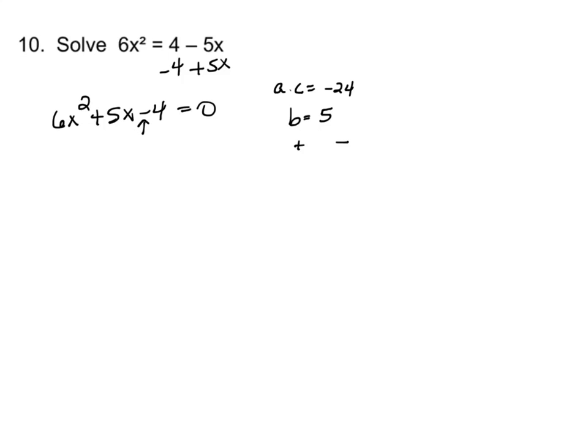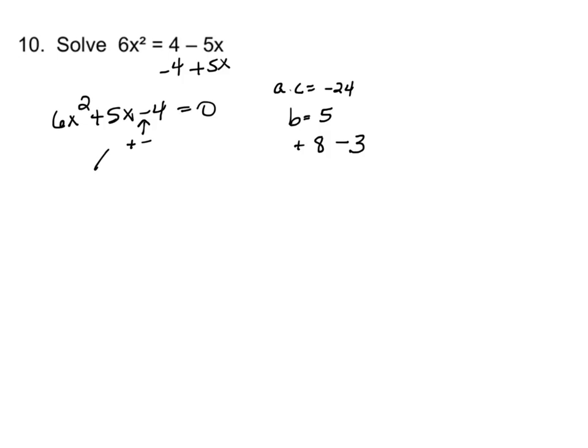Again, because that sign is negative, that's what tells me that piece of information. And 8 and 3 multiply to be 24 and add to be 5, and I need it to be positive 5, so it's going to be positive 8 and negative 3.